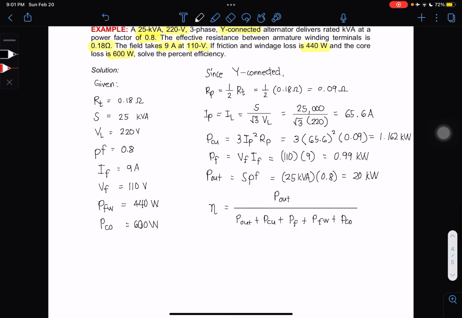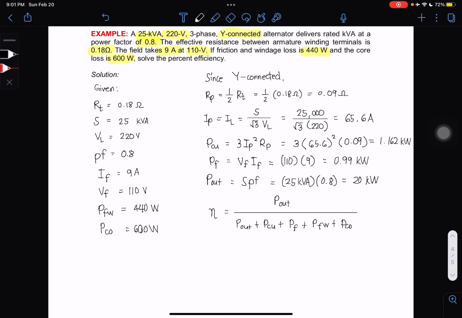Since we have solved everything, we can now solve for the efficiency. Our P out or power output is 20 kilowatts.